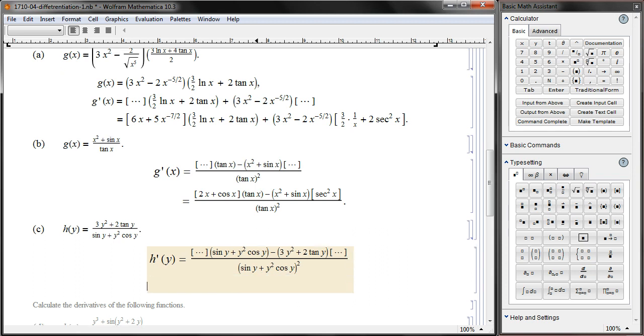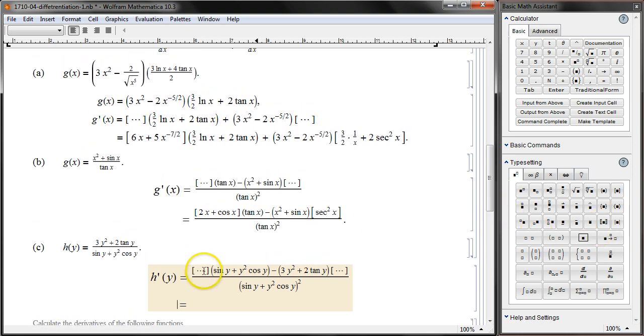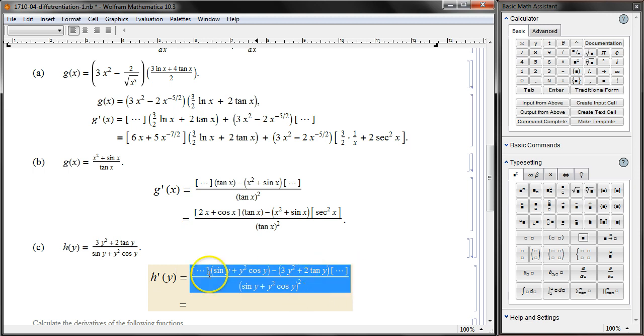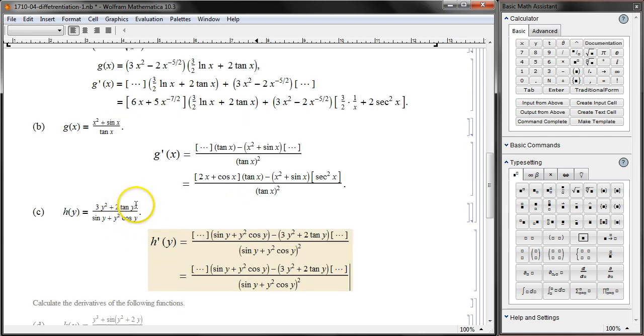I could have put something in directly, but I decided not to. I decided to slow down. And then let's calculate the derivative of the numerator here, and then the derivative of the denominator here as separate new problems. Let's go. How about the derivative of the numerator?